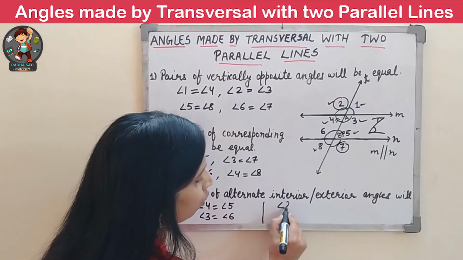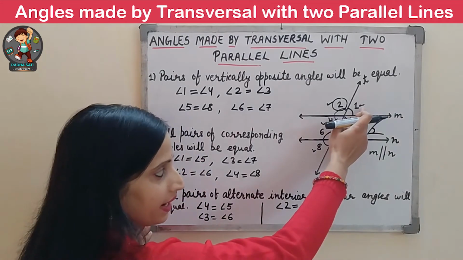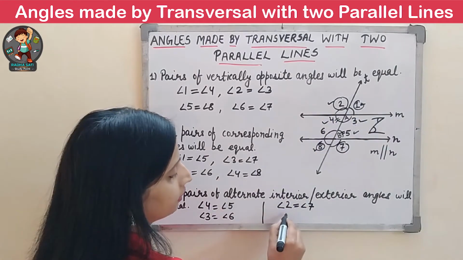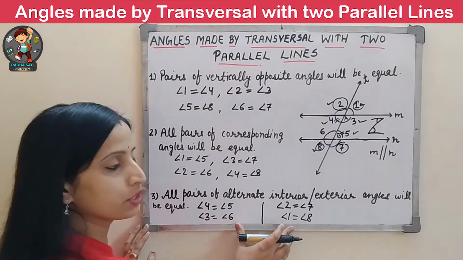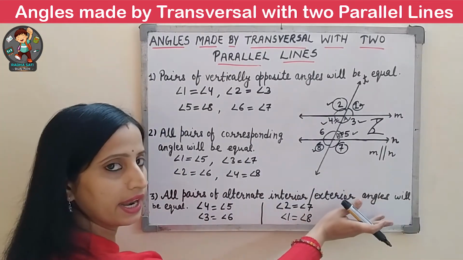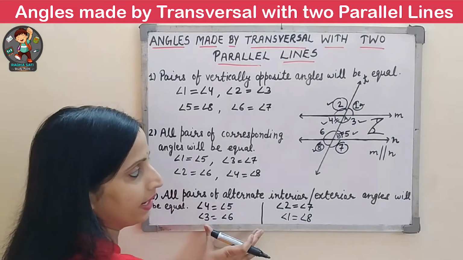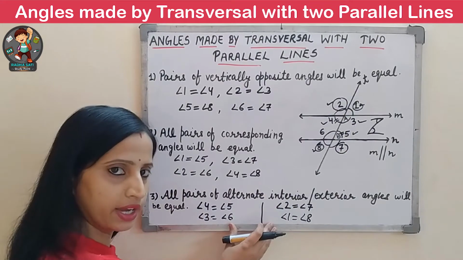So angle 2 will be equal to angle 7 and angle 1 will be equal to angle 8. Okay, so the pairs of alternate interior and exterior angles will always be equal to each other when parallel lines are cut by the transversal.